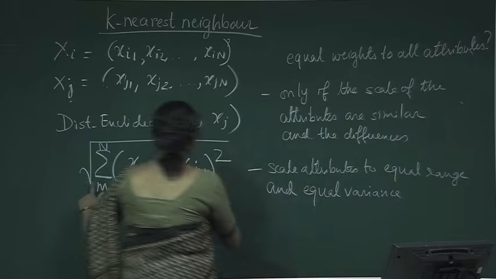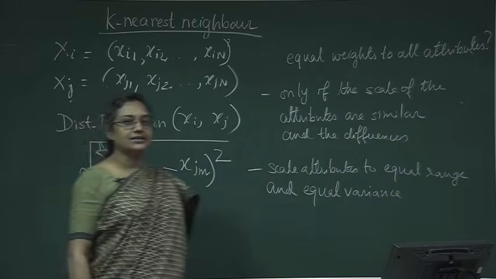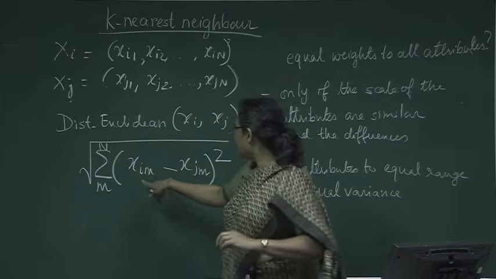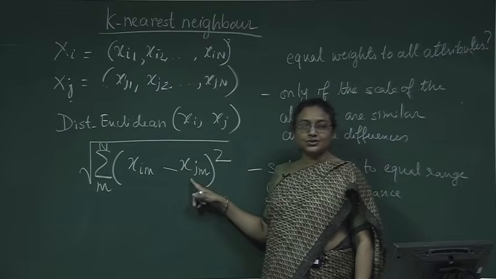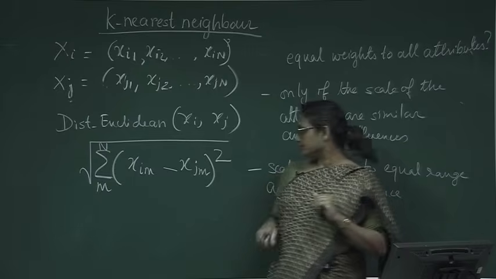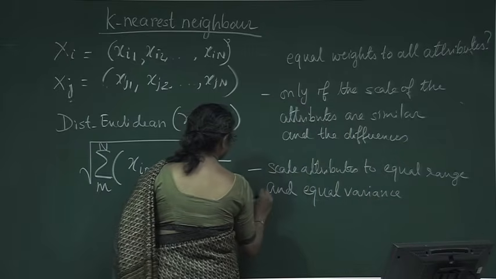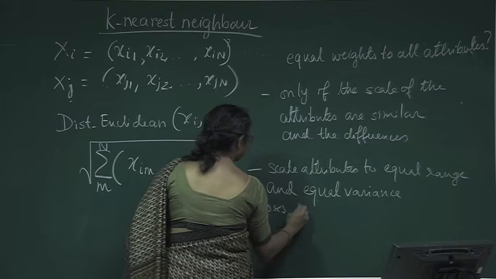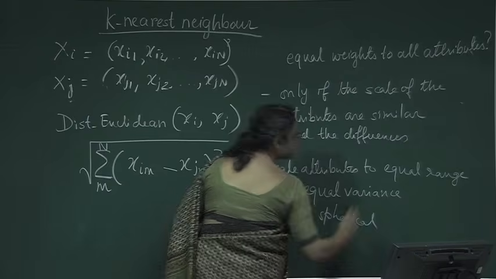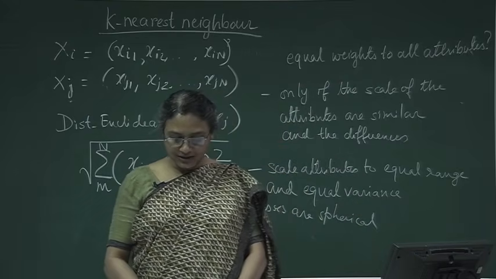Under such conditions only, you can go for such a simple Euclidean distance function. Also, since you are taking xim minus xjm whole squared, you are assuming that classes are spherical. So, the second assumption is that classes are spherical in shape. Under these assumptions, you can use basic Euclidean distance.